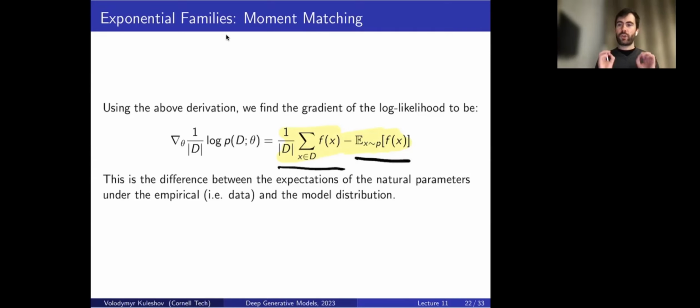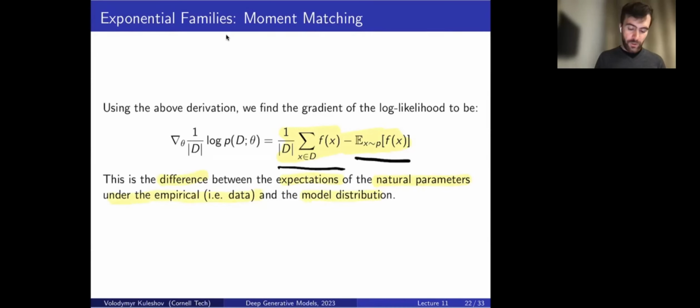So this is the correct formula for the gradient of the log likelihood, and it has an interesting structure. What's interesting about it is that this is the difference between the expectation of the natural parameters f under the empirical and the model distribution.